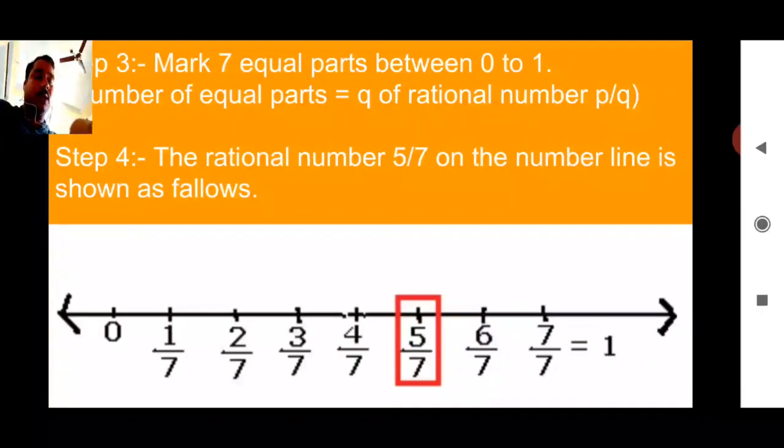Because the number lies between 0 and 1, we draw 7 equal parts between 0 and 1, meaning 1 by 7, 2 by 7, 3 by 7, 4 by 7, 5 by 7, 6 by 7 and 7 by 7. 7 by 7 is also known as 1, and we get 5 by 7 on the number line.